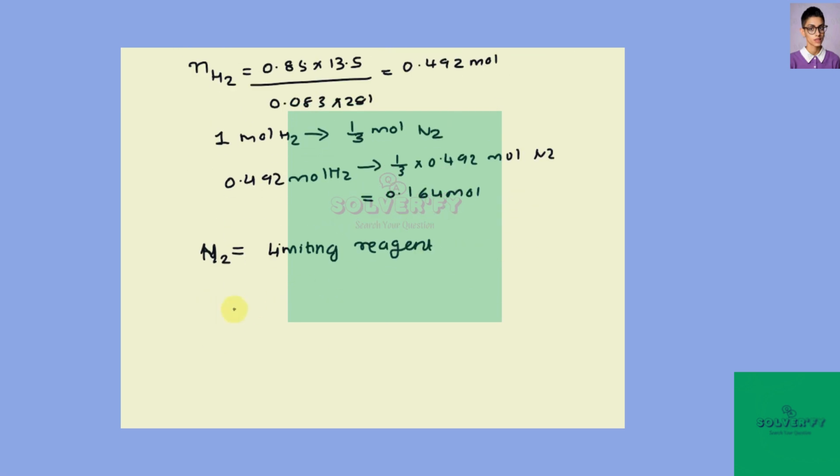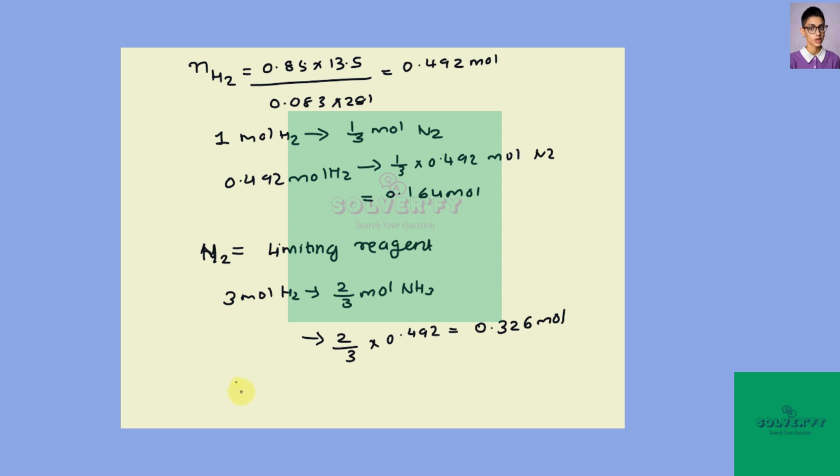Here 3 mole of hydrogen will give 2/3 mole of ammonia, so it will be equal to 2/3 into 0.492. We get the number of moles as 0.326 mole.